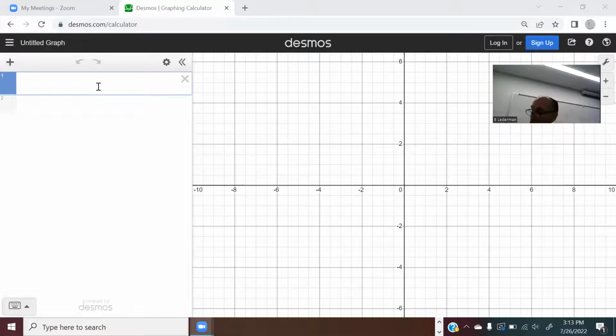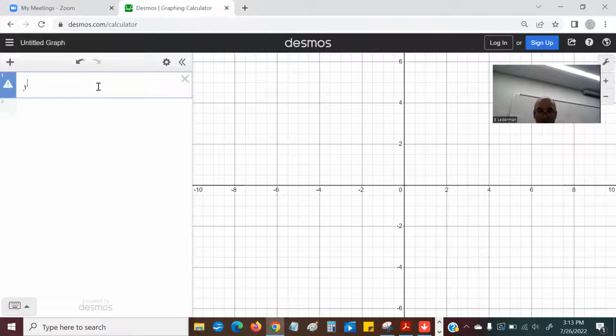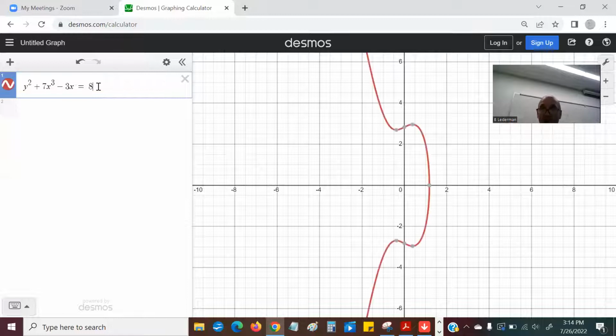I'm going to plug in the equation y squared plus 7x cubed minus 3x equals 8. And whoa, that's kind of awesome. And let's see when x is 1.